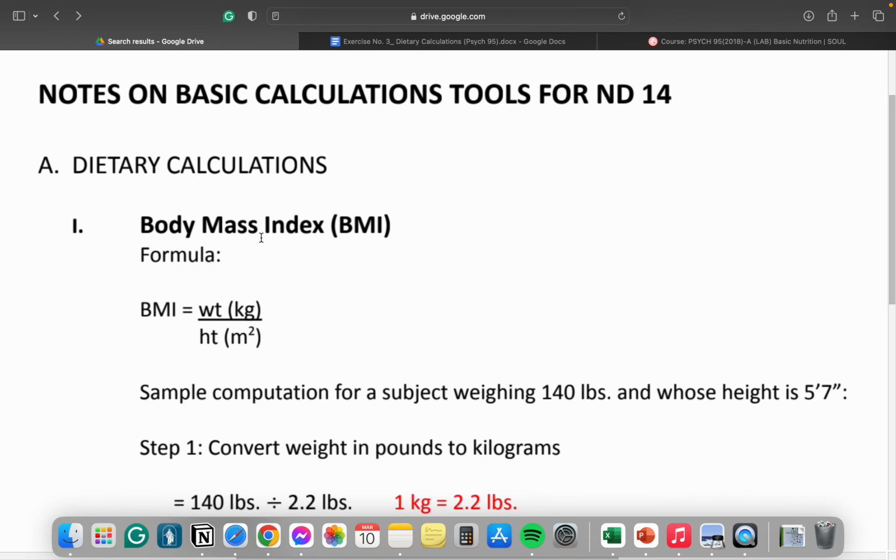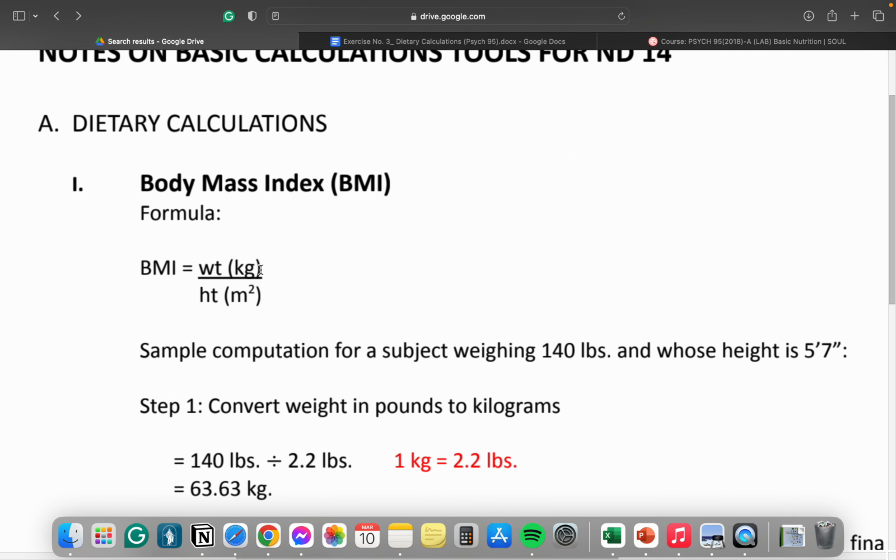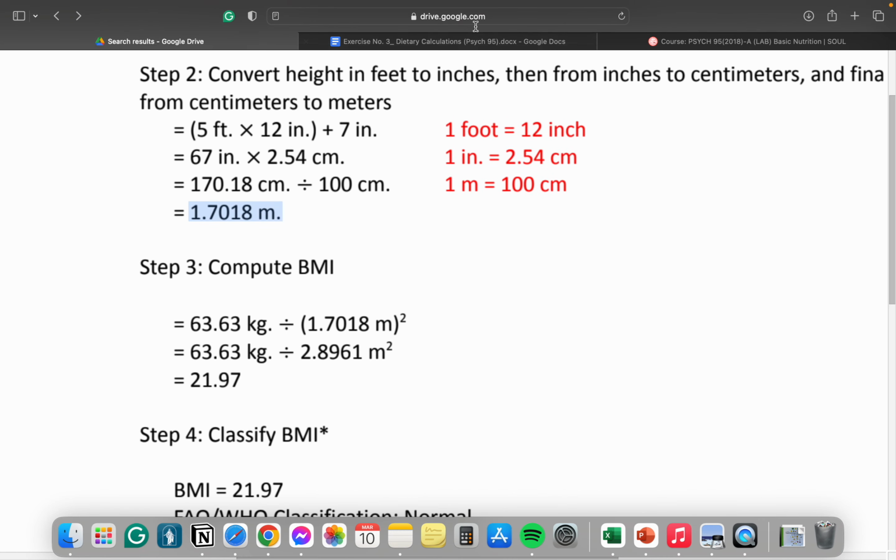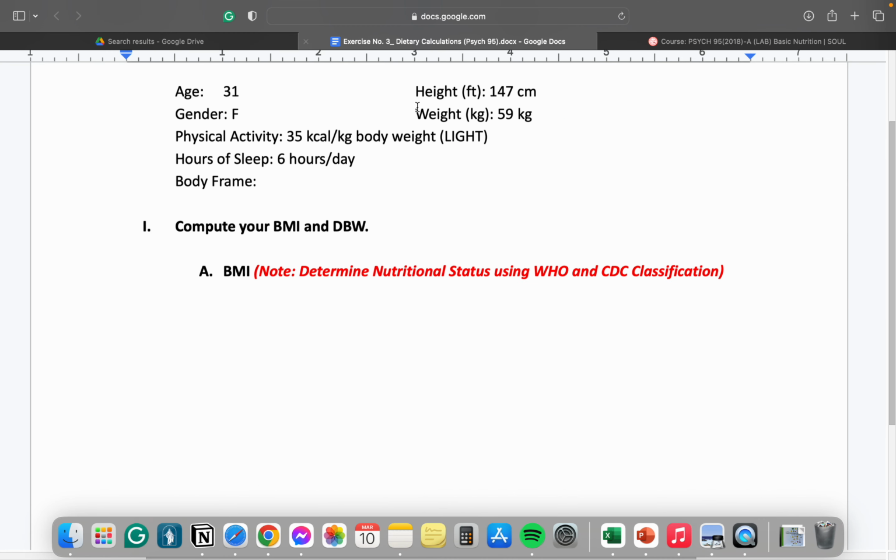So BMI is weight in kilograms divided by height in meters squared. So let's go back to our example. This is already in centimeters. We just need to convert this into meters.